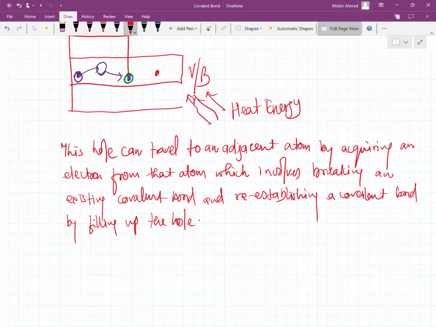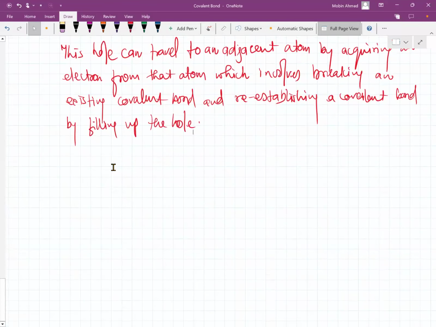So the hole is shifting. Now here, there are two or three things you should note, which are important.